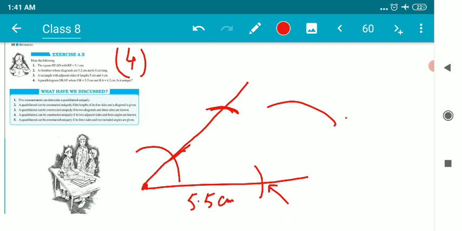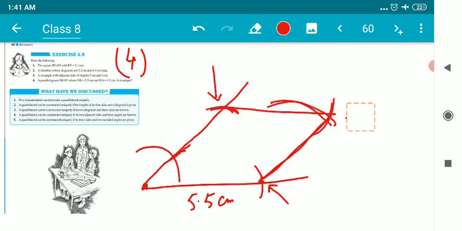Now we'll measure 5.5 using compasses again, and I'll place at this vertex and I'll give one arc like this. Okay, now this meeting point of these two arcs should be joined with this one and with this one. The construction of the parallelogram will be done.